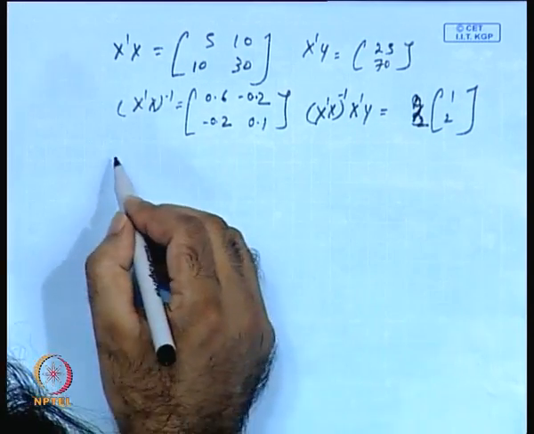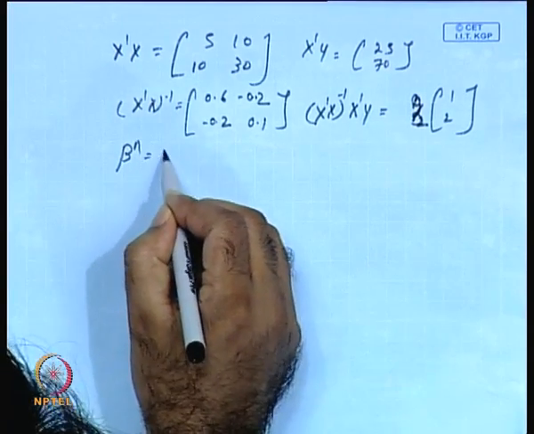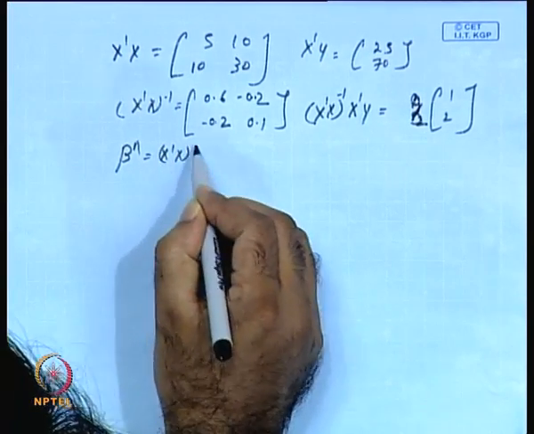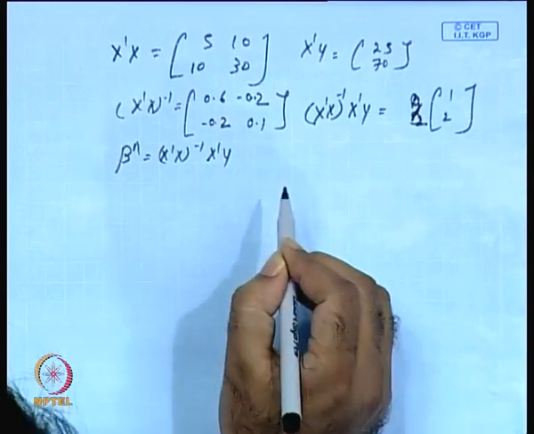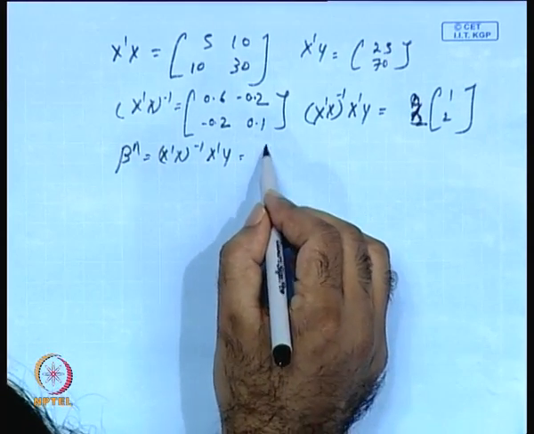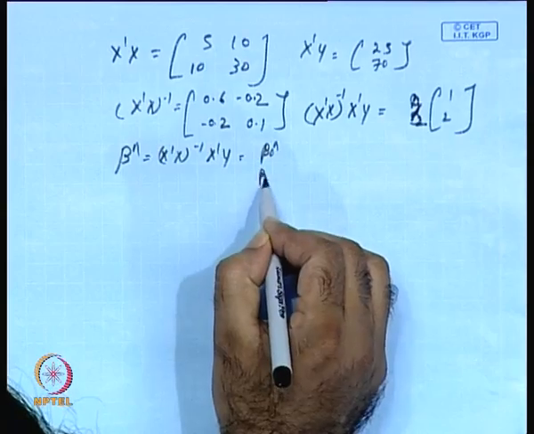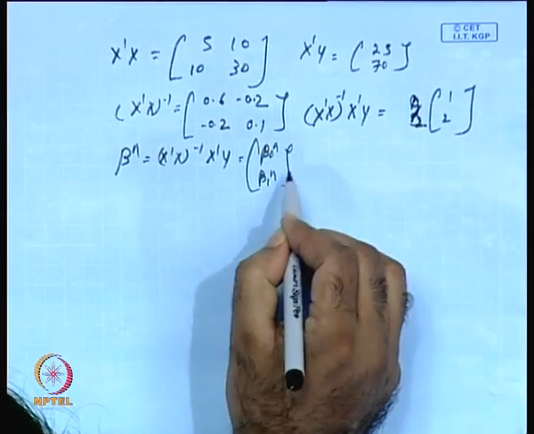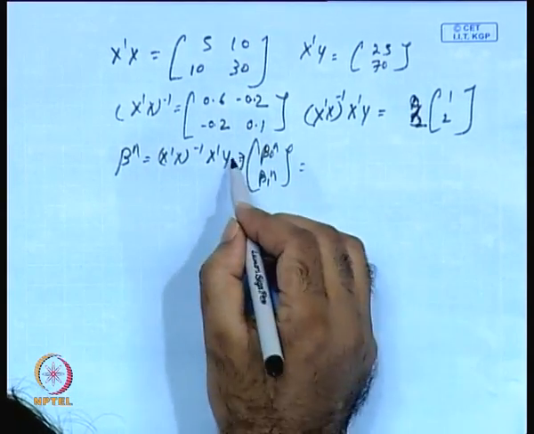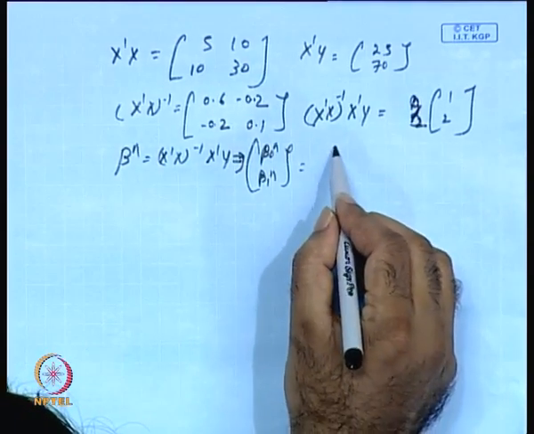So now what is our beta head? Beta head equal to x transpose x inverse into x transpose y, which is nothing but beta 0 head and beta 1 head, which is equal to 1 and 2.